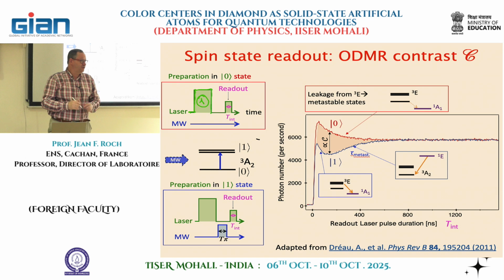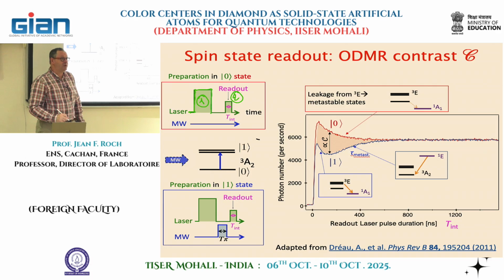And then what I will do is that I have now a second pulse, which will be a laser pulse that I will use for the readout. So then I will measure the intensity emitted during this short laser pulse, as short as possible, but long enough so that I have enough photons to discriminate, to have relevant information for the intensity level relative to shot noise. Okay?